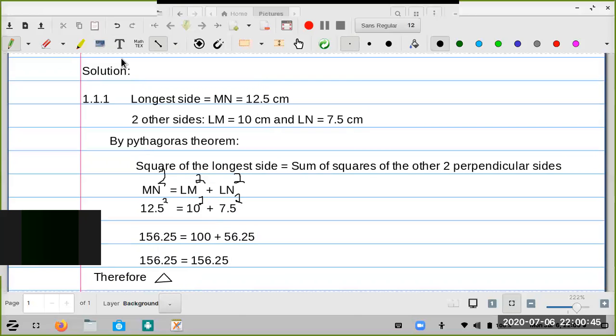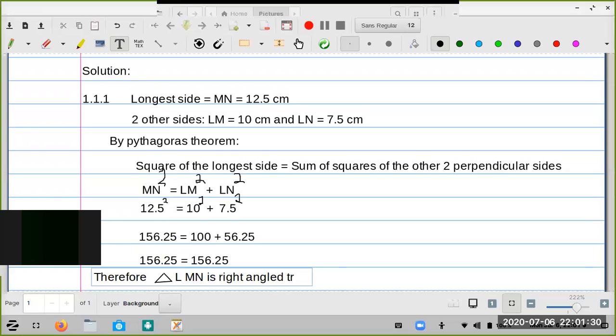Mathematicians use a lot of symbols. So therefore, triangle LMN is a right angled triangle.